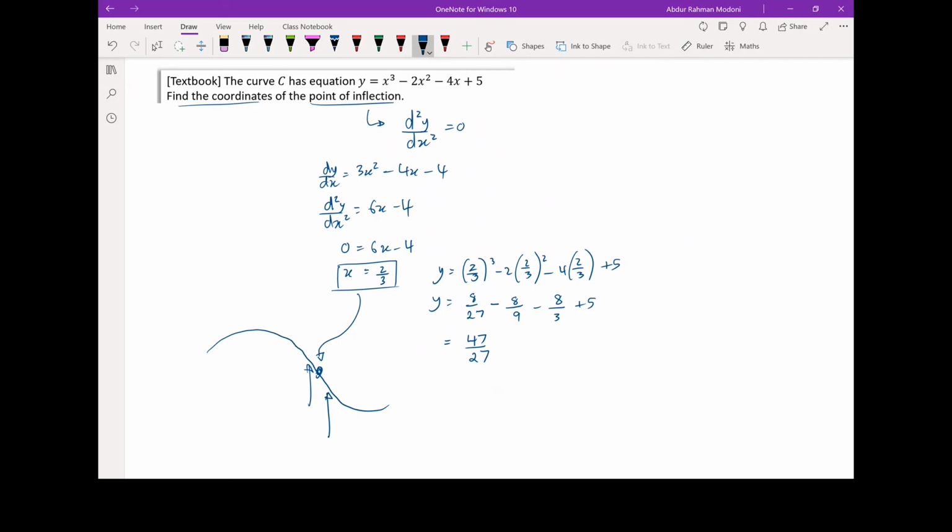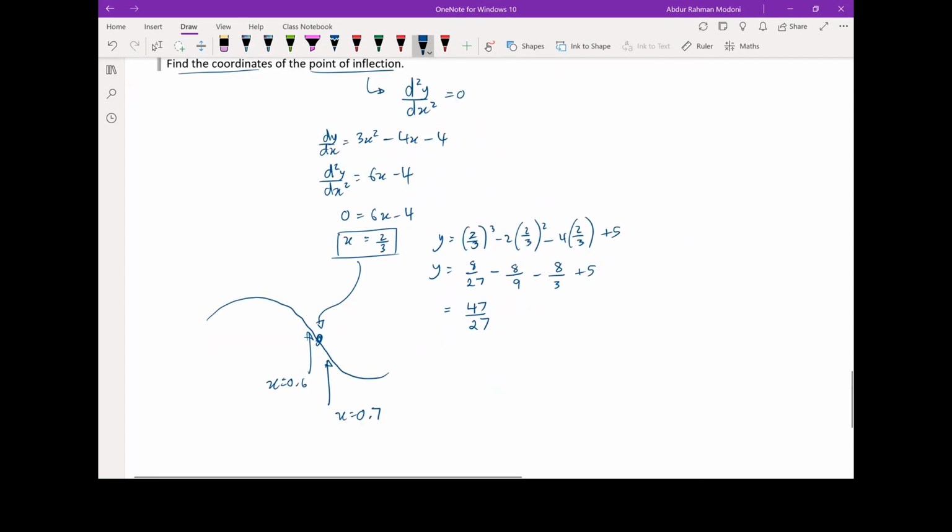well, we can use x = 0.6, and a point after, x = 0.7. You would substitute that into our second derivative to see if it's concave or convex.